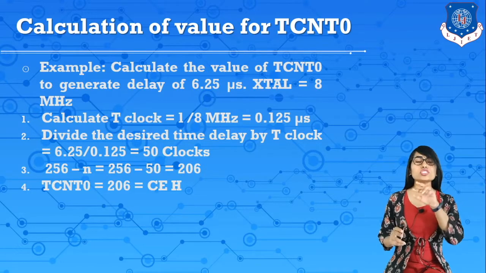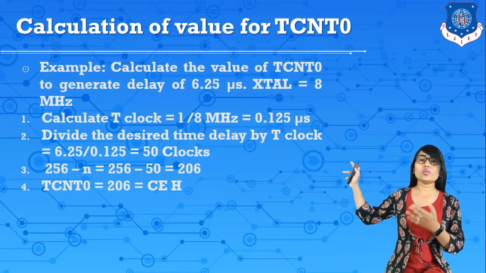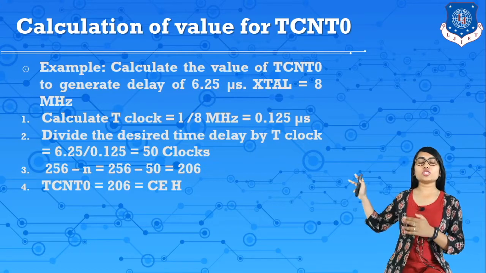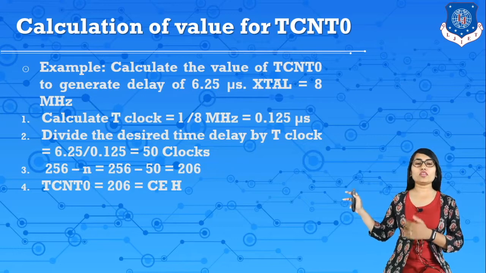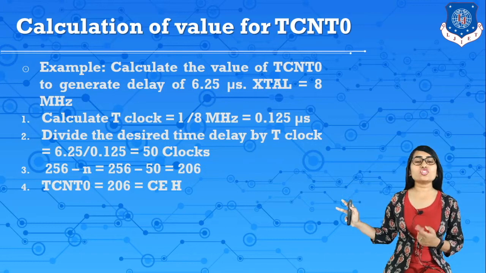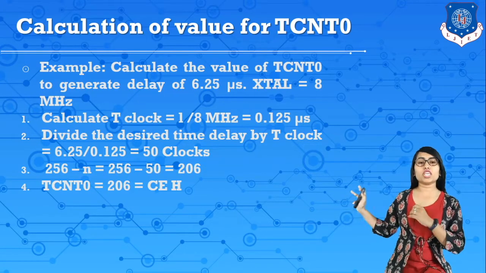Then use this number, 0.125 microseconds, to divide our desired delay. So 6.25 microseconds upon 0.125 microseconds gives 50 clocks. To generate this 6.25 microseconds, we need 50 clocks.